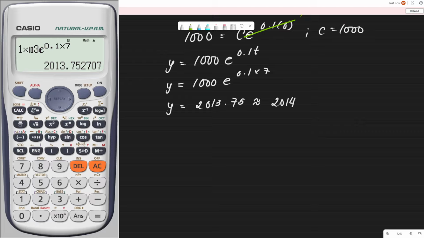After the migration happens, biglang may pumasok na 700 birds on top of the 2014 birds. Ano mangyayari? Yung y sub 0 natin after the migration now will be 2014, anong gagawin natin sa 700? I-multiply ba? I-add ba? I-minus ba? Sige nga, isip.